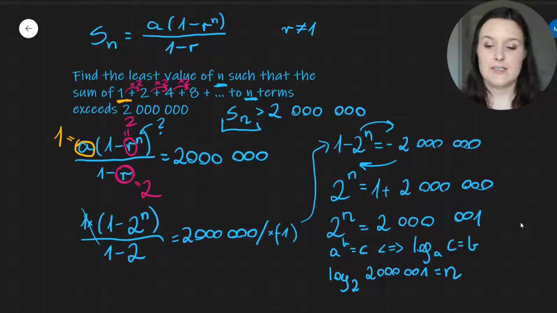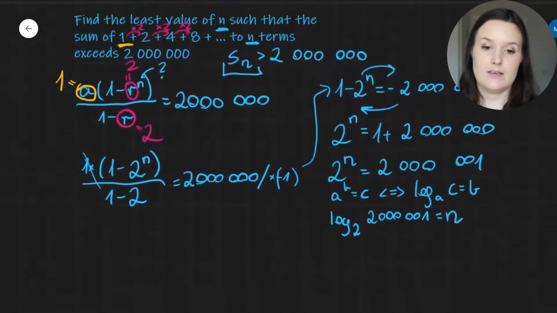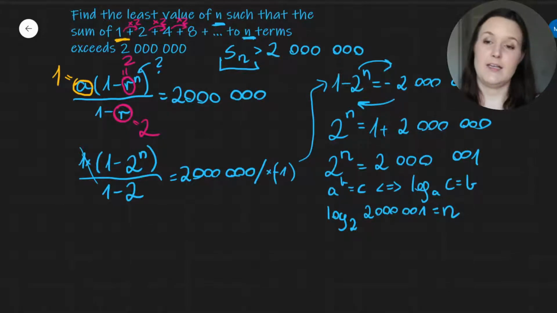That's my n. Now I have to find it. The best way to find it is to use a calculator. If you have a simple calculator in which you are not able to change the base to 2, and you can't type in logarithm base 2, then you change the base. You use the change of base formula. But if your calculator has this option to just type in this expression, you just do that.